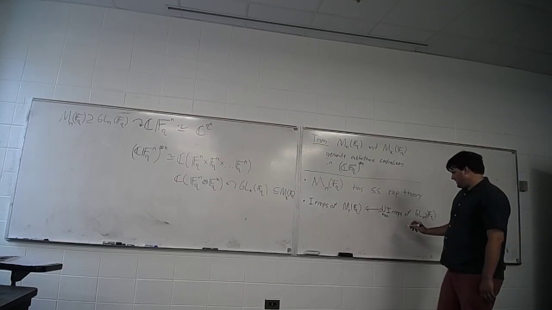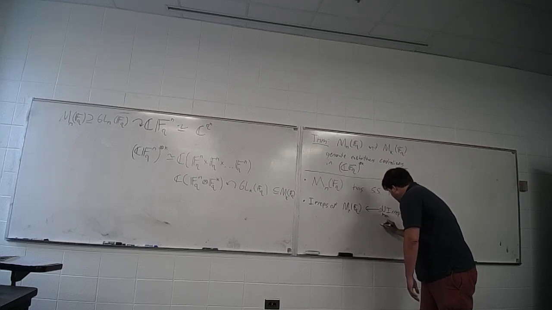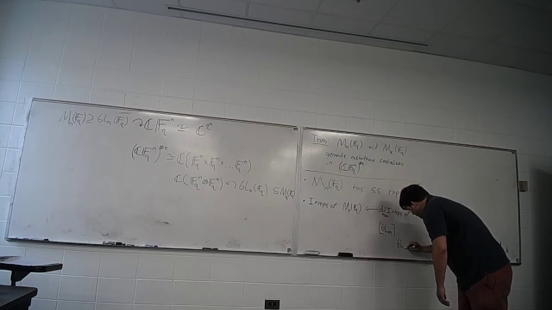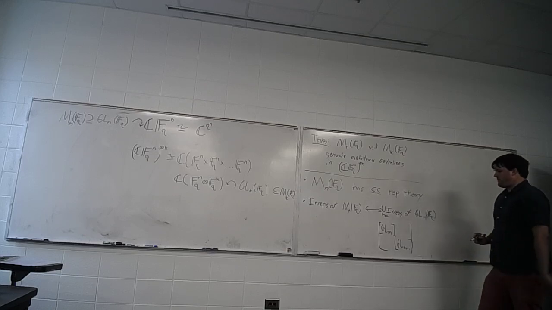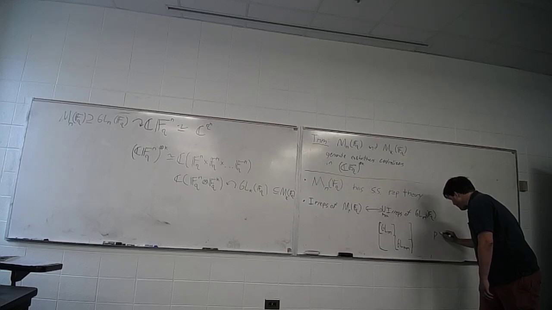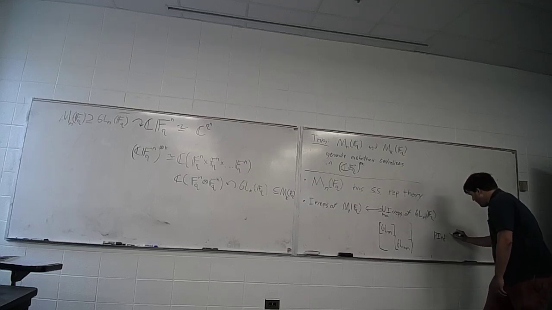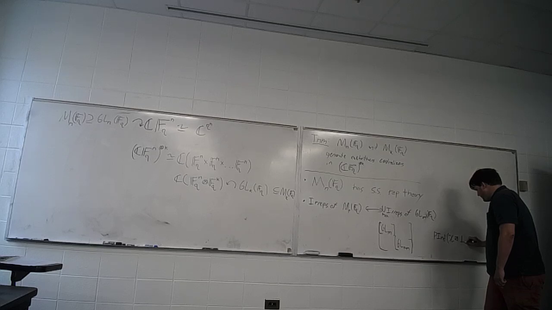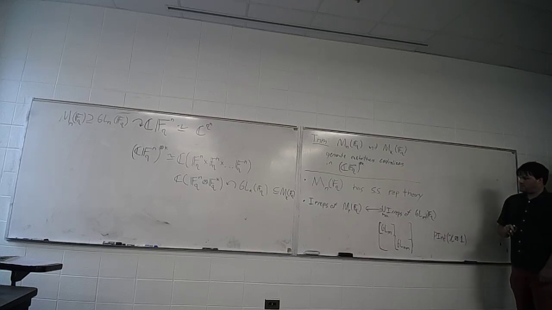What you do is you take GL_m here and GL_{n-m}, I take this Levi factor, and I just do parabolic induction, where I take whatever irreducible of GL_m I want, tensored with the trivial representation of GL_{n-m}.